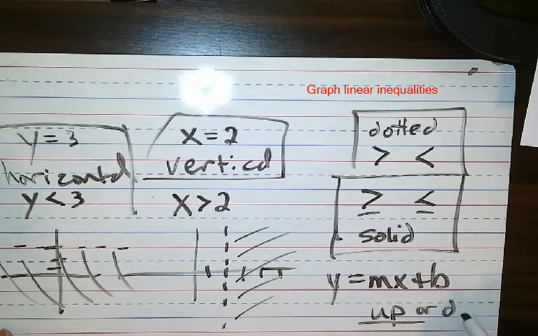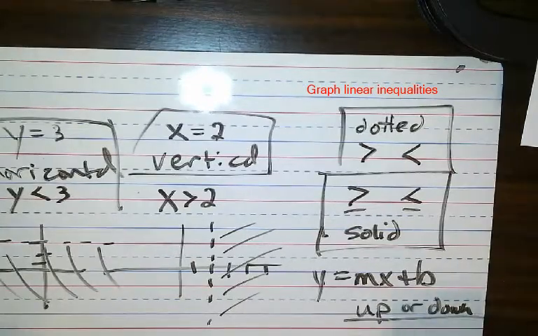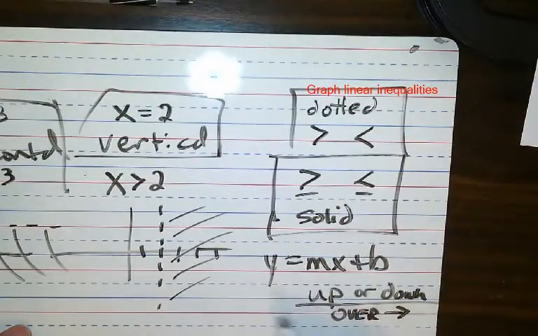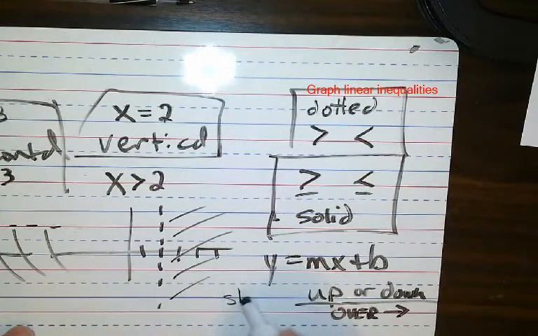Up if it's positive, down if it's negative, right? And then the bottom of the fraction always tells you how far over to go. And we always go to the right.